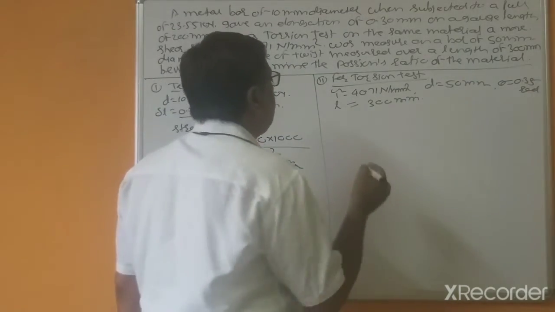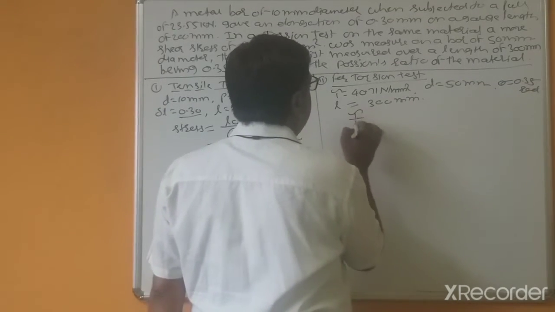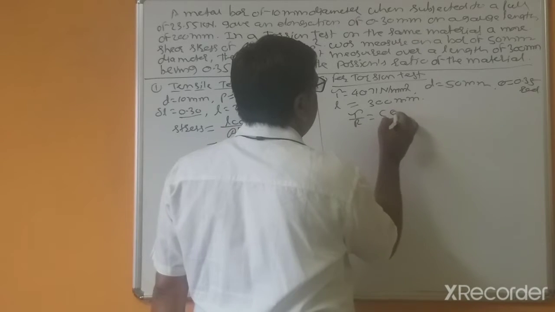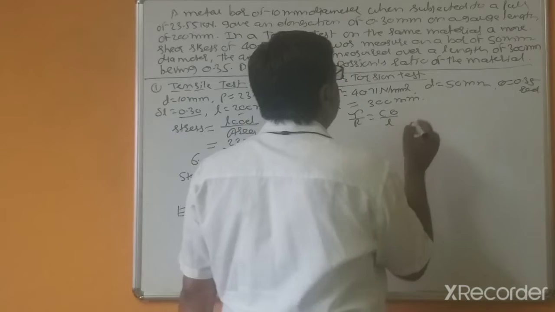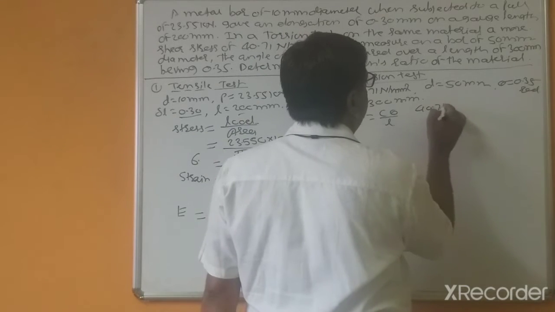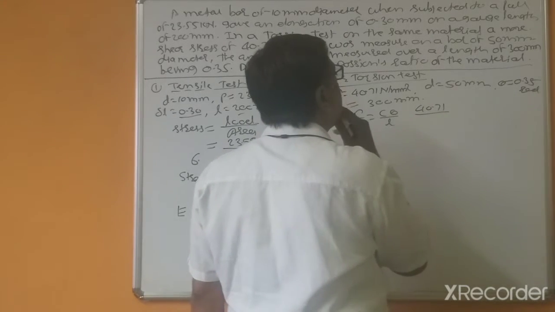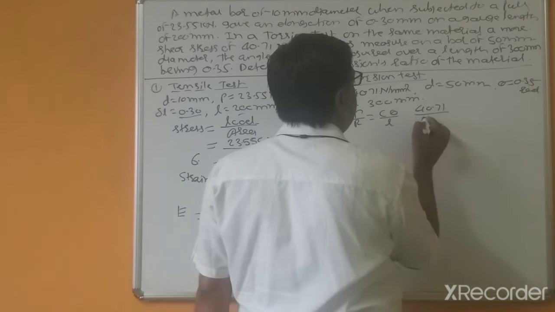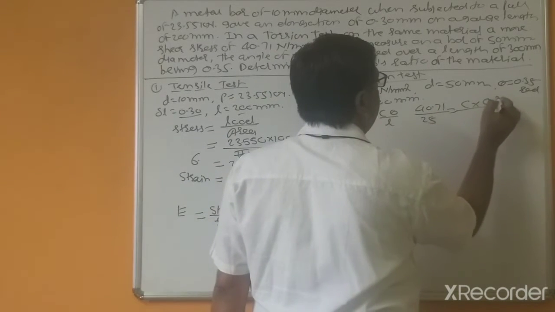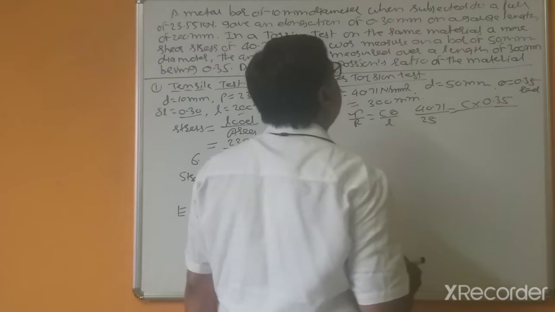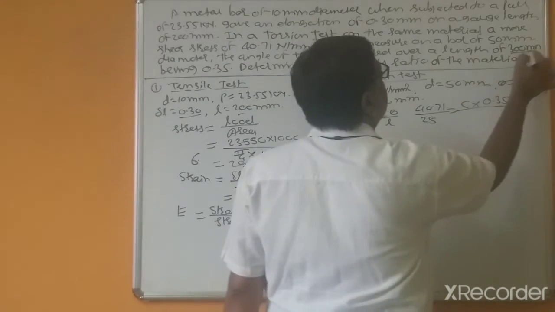So here, by using the relation tau divided by R equal to C theta divided by L: tau equal to 40.71, R equal to 25 since diameter is 50, theta 0.35, length 300 mm.